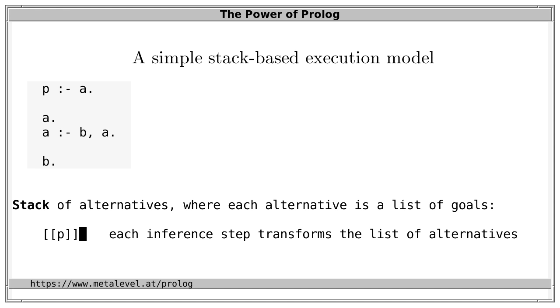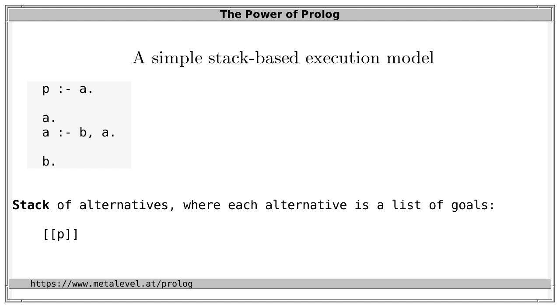And now each inference step transforms the current list of alternatives. Namely, it looks at the first alternative, which is currently the only alternative, and in that first alternative considers the first goal, which is P in this case. And it looks up all clauses whose heads unify with the goal.